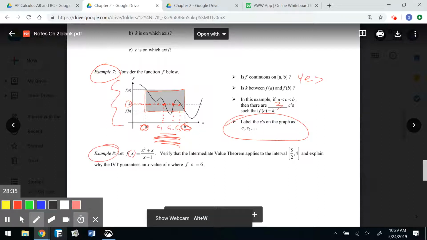Sometimes we might have to deal with it algebraically, and we're going to do that right now with example 8.